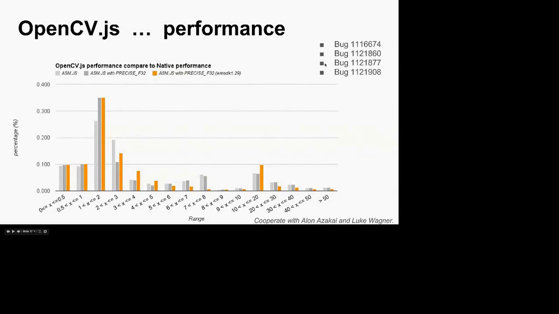So in the future, the performance will get better, and there is already a known issue in Emscripten about the floating point to non-floating point conversion, and that known issue caused lots of performance drop in this part. And there is also another ongoing project called SIMD.js, which also will help a lot in the performance part.